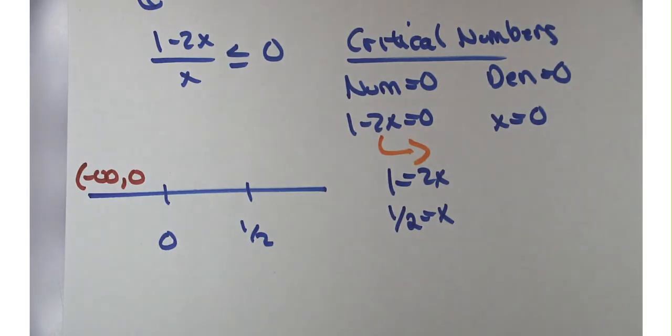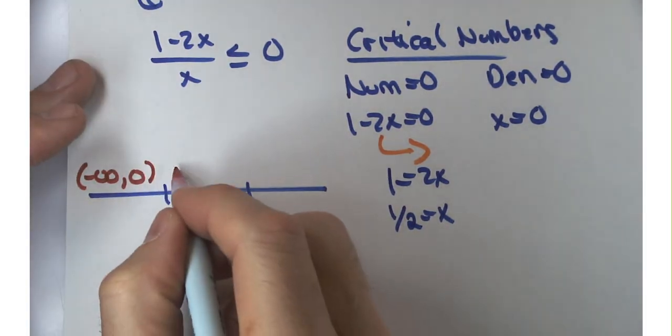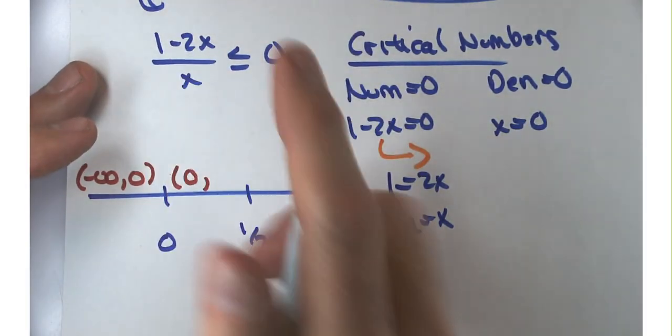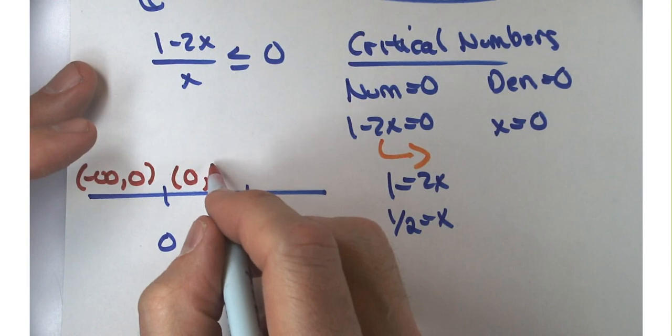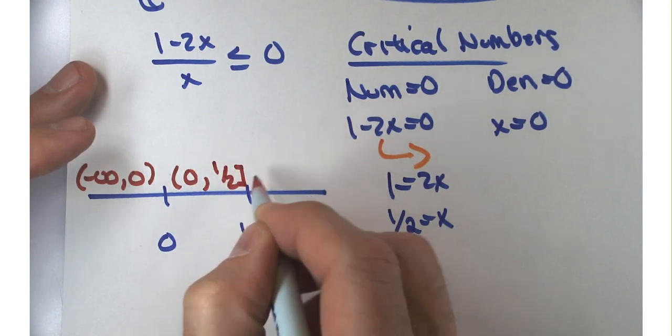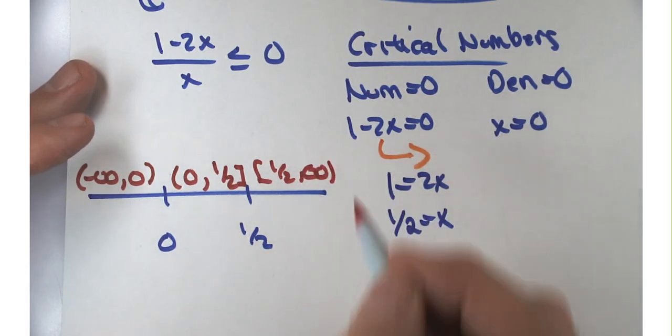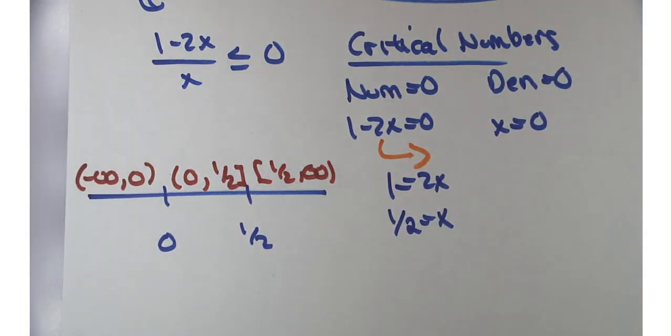Can you divide by 0? No. So that gets a parenthesis. But 1/2 would make the numerator 0. That's okay. I'd end up with 0 is less than or equal to 0. So 1/2 gets a bracket like that. And so we're going to test some points now.